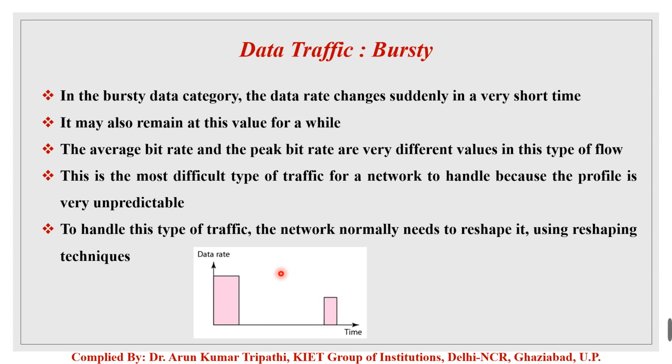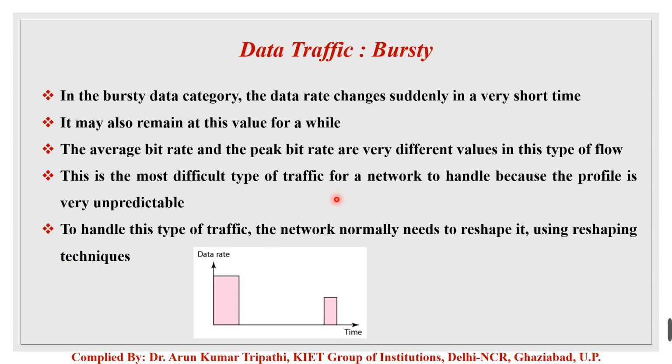So it depends on what the data rate is. It is not continuous. Suddenly there is data at higher speed, suddenly there will be no data, and suddenly a small amount of data is flowing over the network.